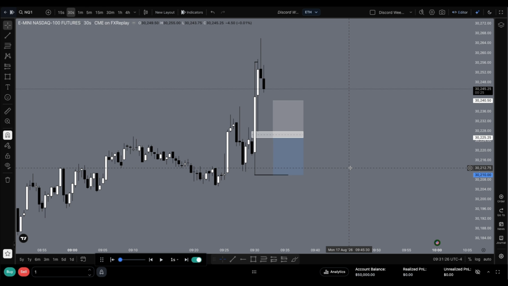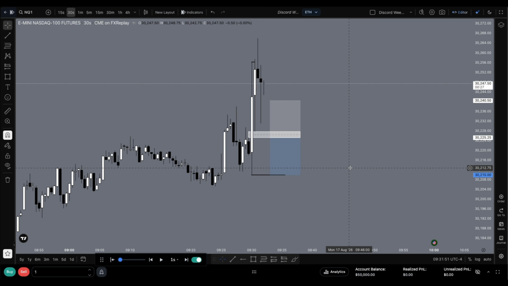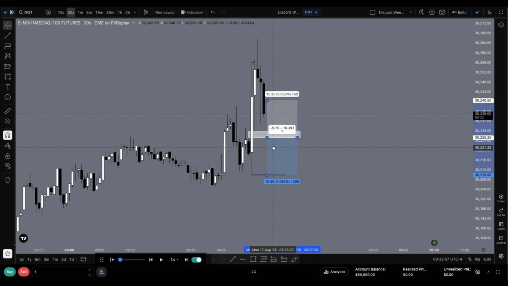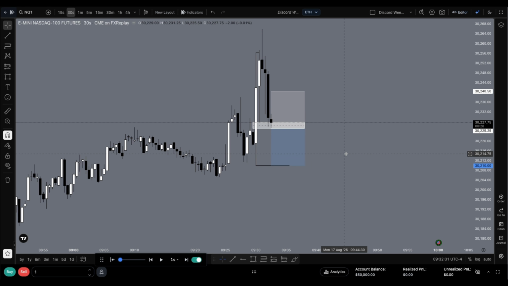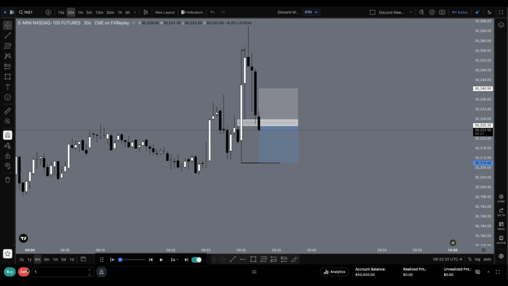So I'm playing it out by the second. As you can see, we're getting quite a lot of displacement. Okay, so I'm gonna enter there.